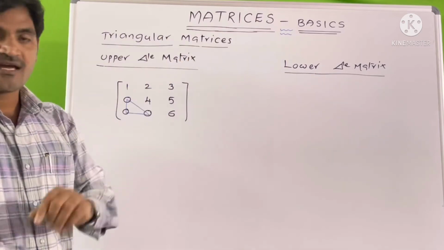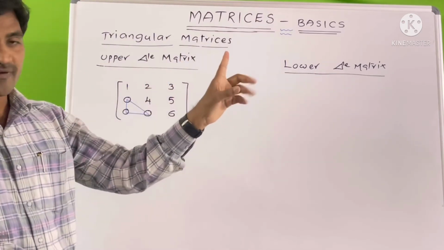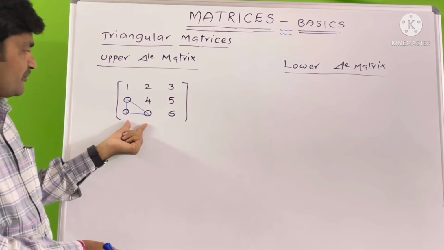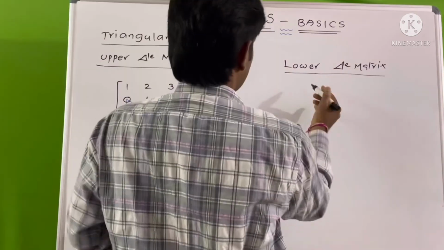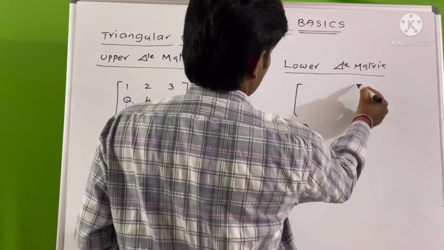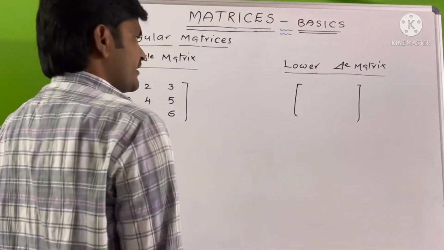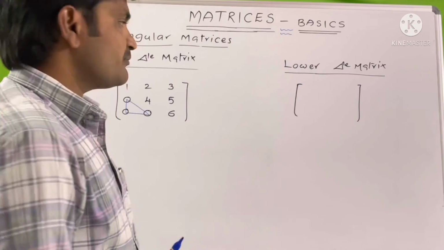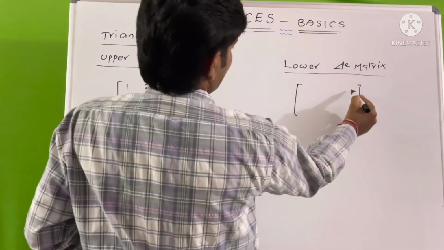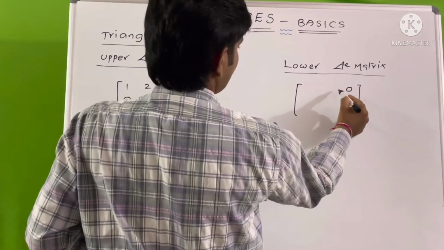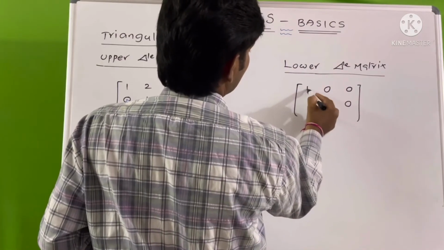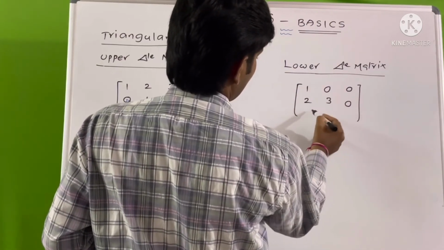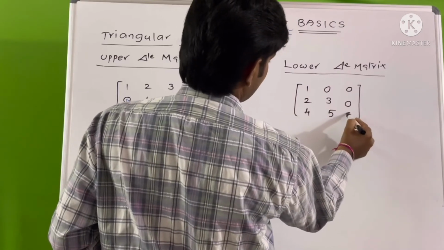Similarly, I am giving an example for a lower triangular matrix, just quite the opposite of this matrix. Observe here, lower triangular matrix example is 0 0 0 1 2 3 4 5 6.